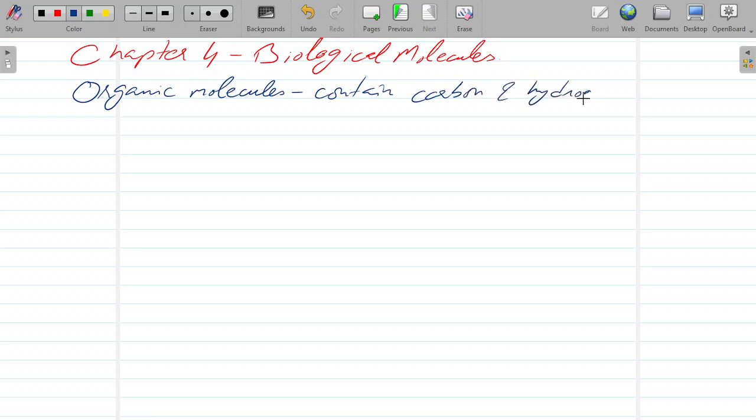These two elements, and also sometimes oxygen and nitrogen. So these are the key players. Of course, the main is basically carbon along with hydrogen.